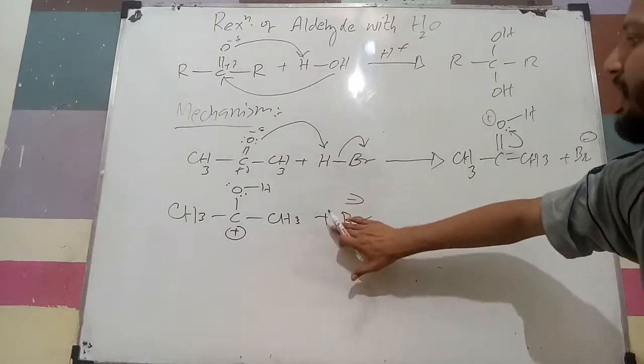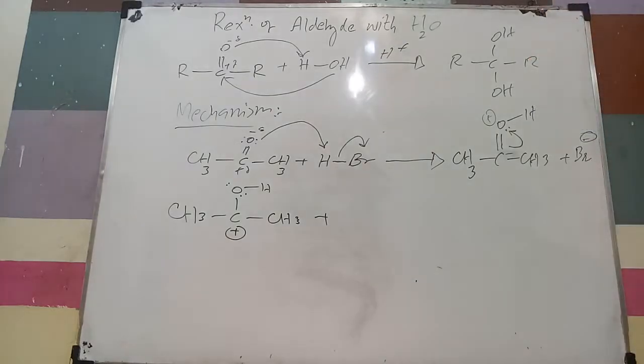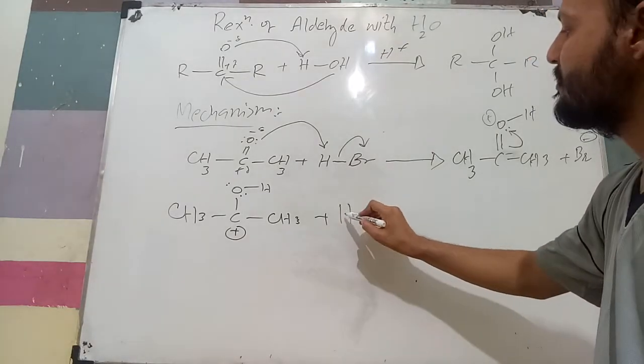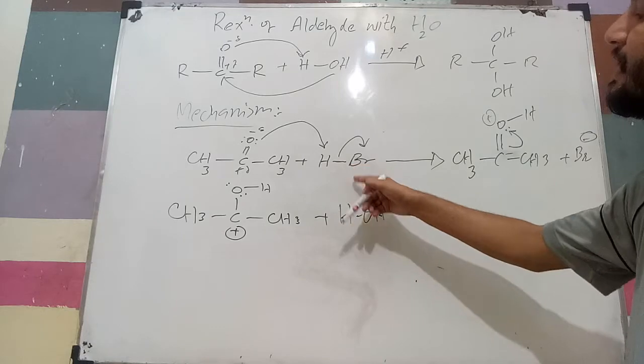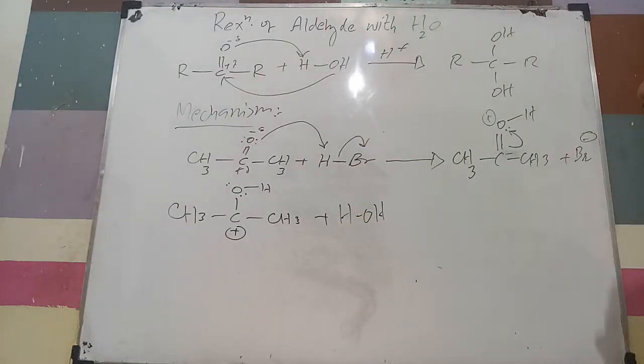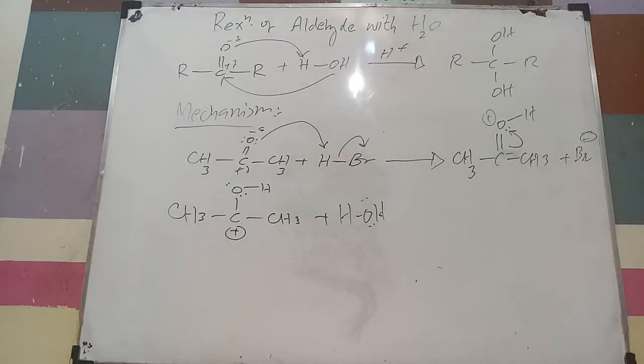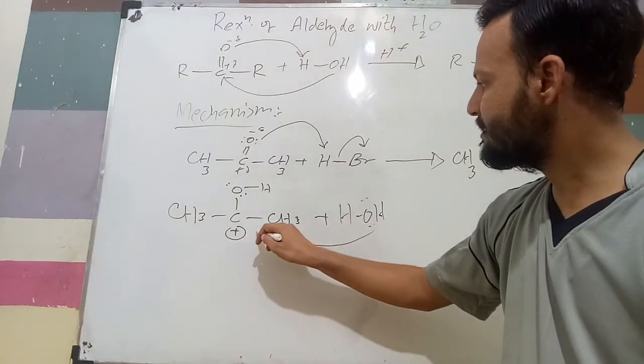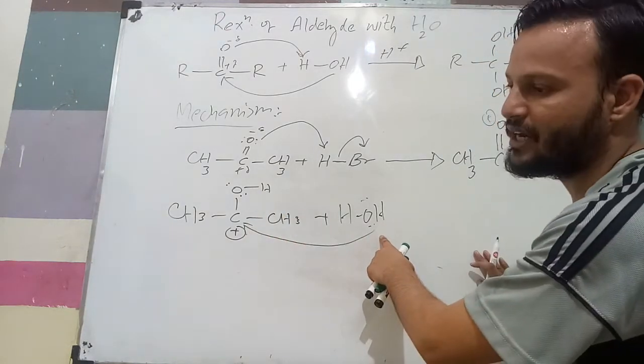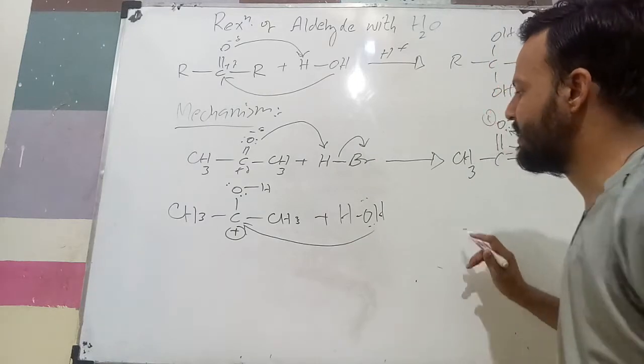In the second case, we have water molecules, H2O. We basically used HBr in aqueous form, so we use water molecules here. Water has two lone pairs, and these will attack this partial positive carbon. This is the electron-rich side and it will move toward the electron-deficient side.